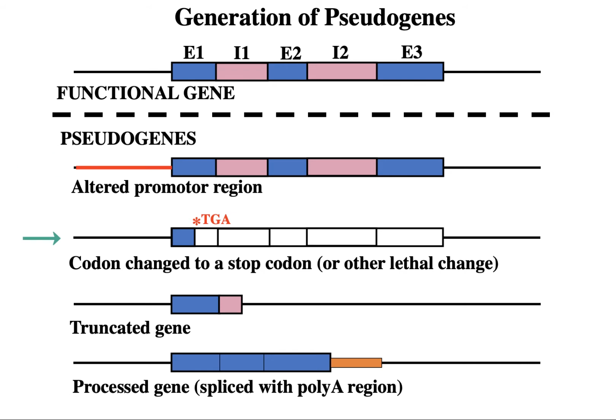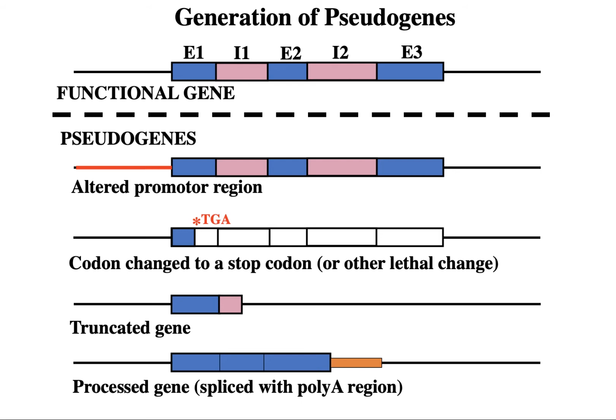The second type forms a stop codon or a nonsense codon, which leads to a lethal change for that protein. Another type is just a truncated gene. It only has a portion of the gene. And then there's a processed gene that has no introns, but it does have a poly A region. So that's another type of pseudogene.